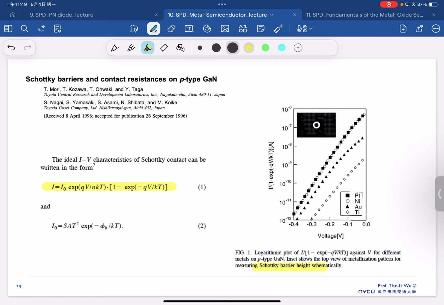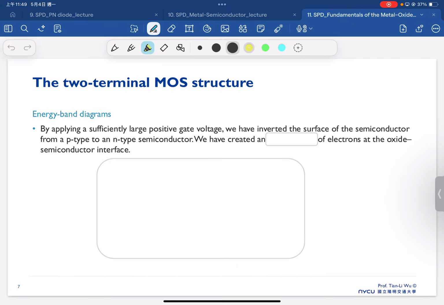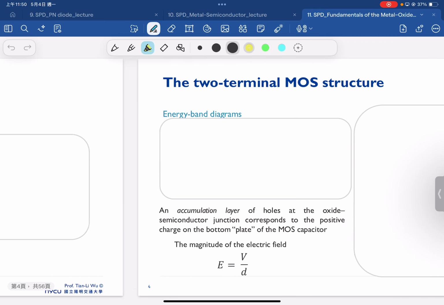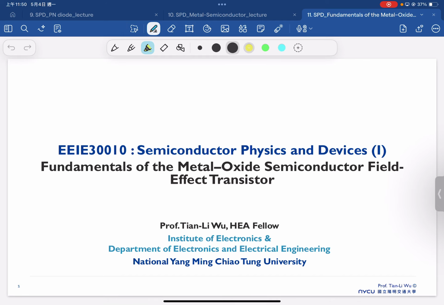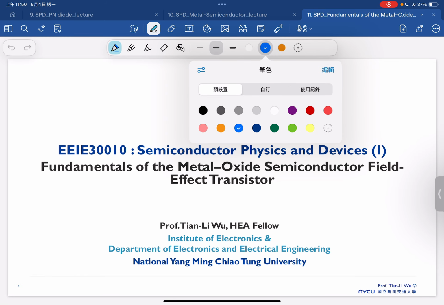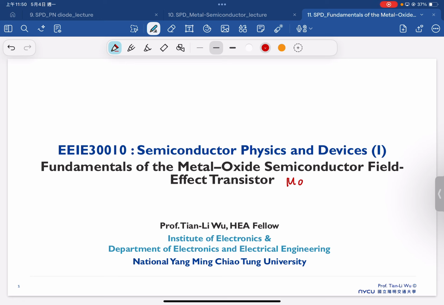Okay, with the rest of the time, we still need to move on further. The next topic we will start to talk about is the MOSFET. Finally, we move on to the MOSFET. We will talk about the fundamentals of this metal oxide semiconductor field effect transistor.